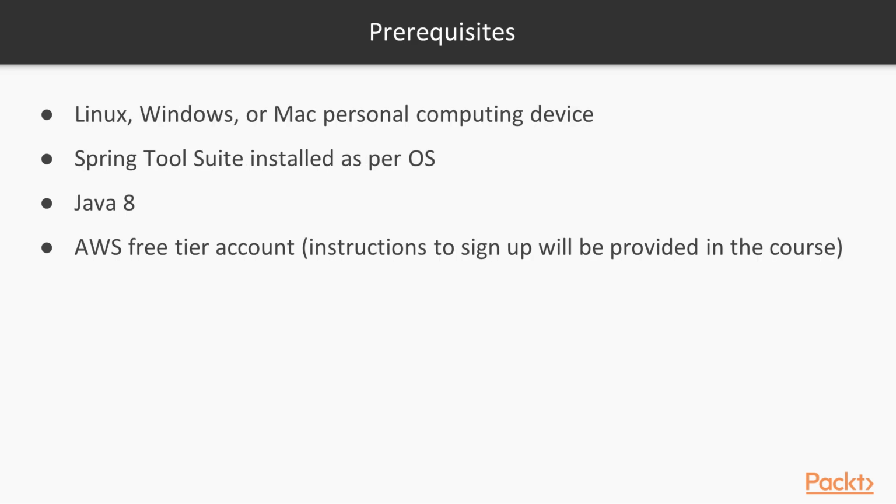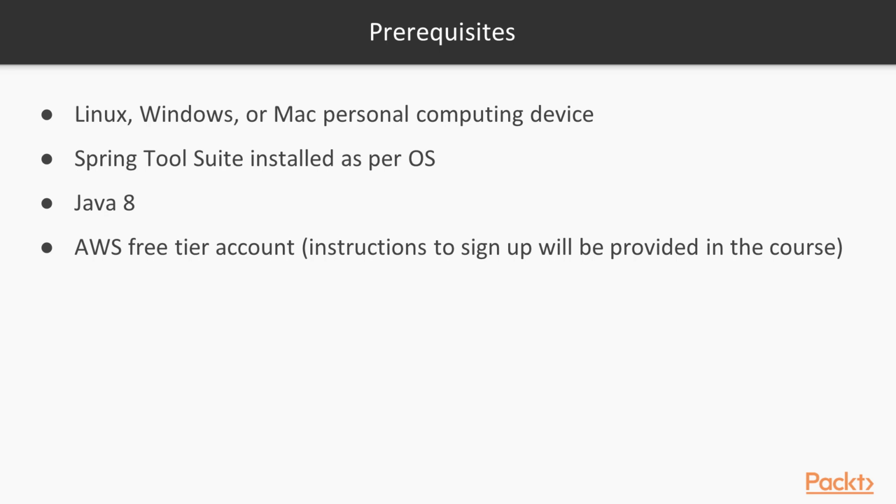So what are the things you will need? You're going to need a Linux, Windows, or Mac personal computing device. You need Spring Tool Suite installed as per your operating system. We are primarily going to assume that you're using Windows. If you're using any other operating system, it should be pretty straightforward for you to install software for your particular operating system.